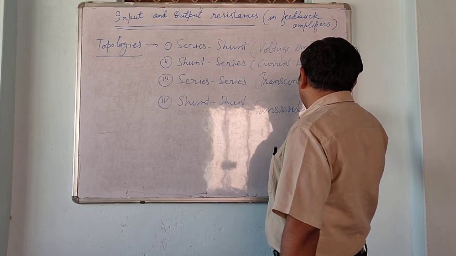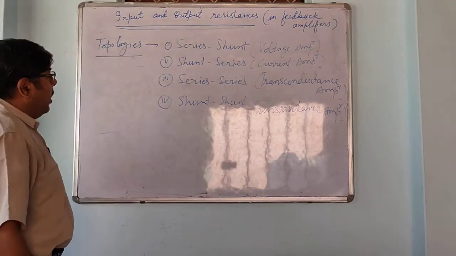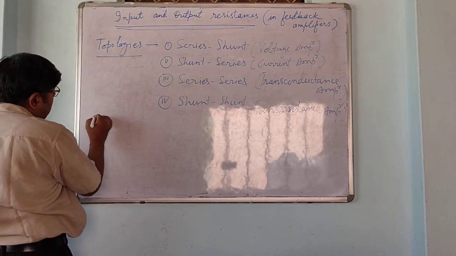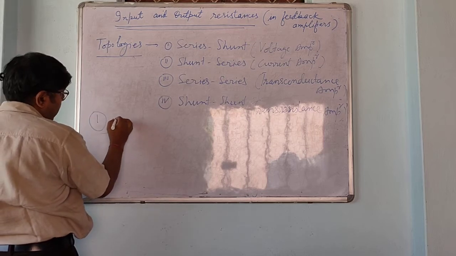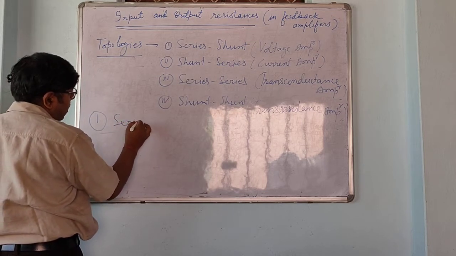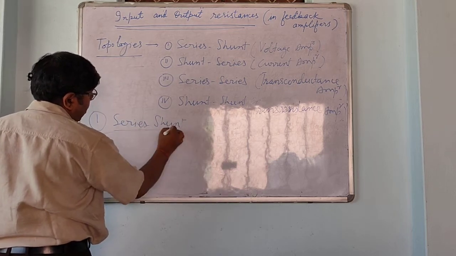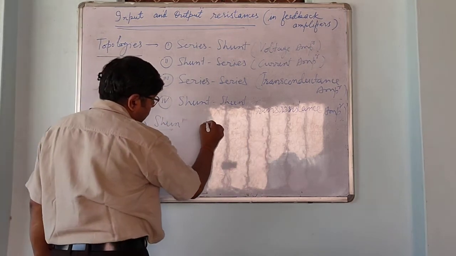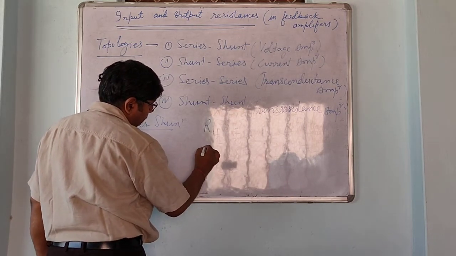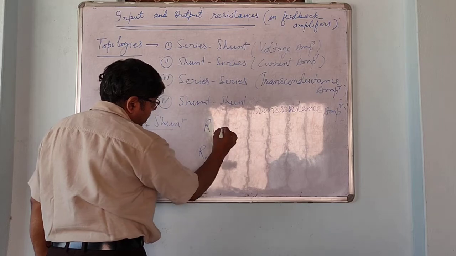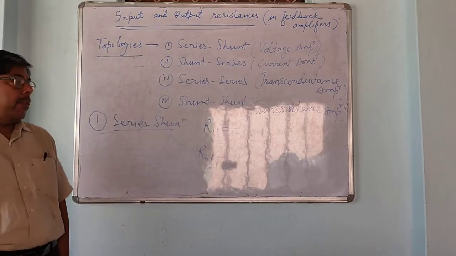So we have four topologies, and for the first one, that is for series shunt, we have input and output resistances for feedback amplifier.